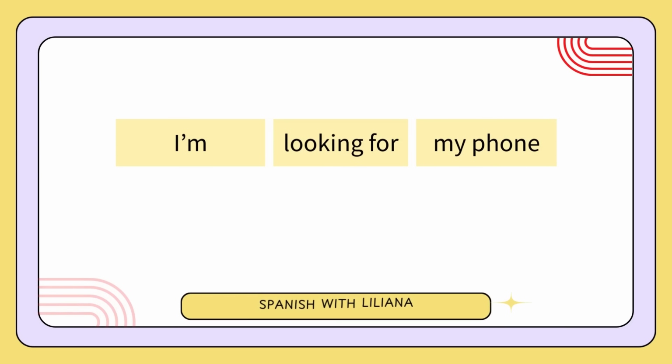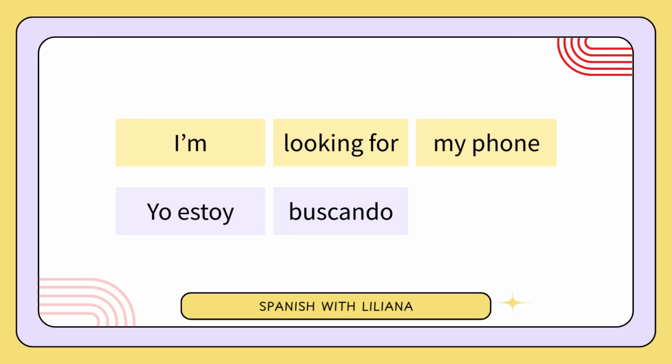All right, how about I'm looking for my phone? How would you say that? I'm is yo estoy. And looking is buscando. So in Spanish, the progressive tense is formed using estar plus the gerund.